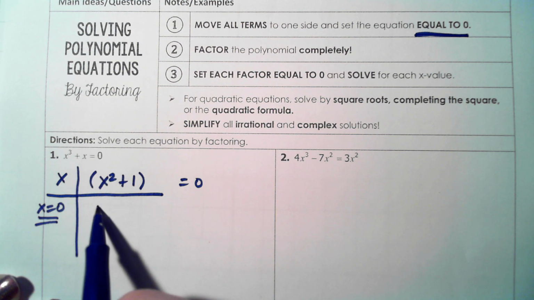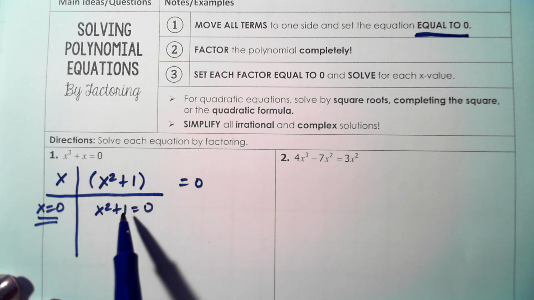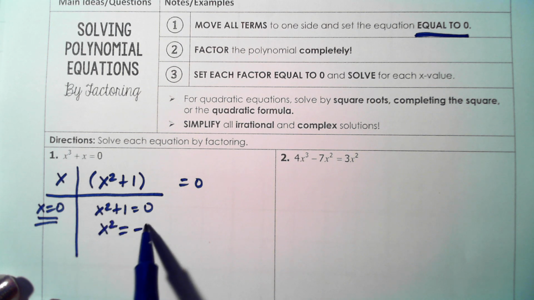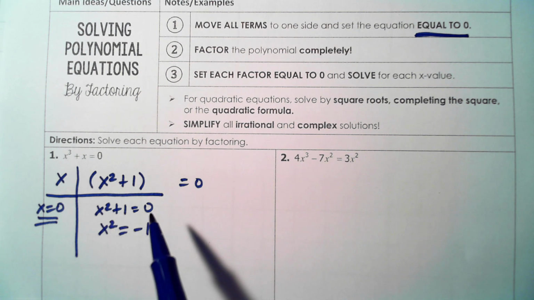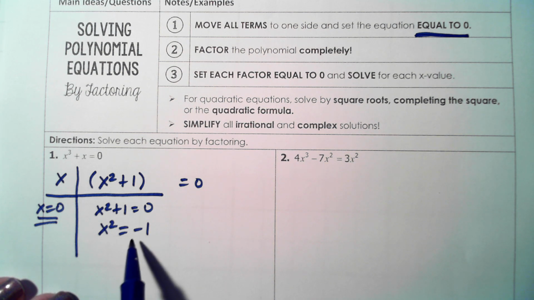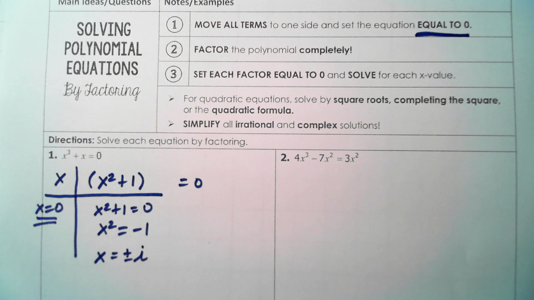Here, we're going to set this one, x squared plus 1, equal to 0. To solve this, we subtract 1 from both sides, and we get x squared equals negative 1. And right there, that is the definition of i. It's saying what squared would equal negative 1? When we take the square roots of both sides, we get either positive or negative i, because when you square positive or negative i, you get negative 1.